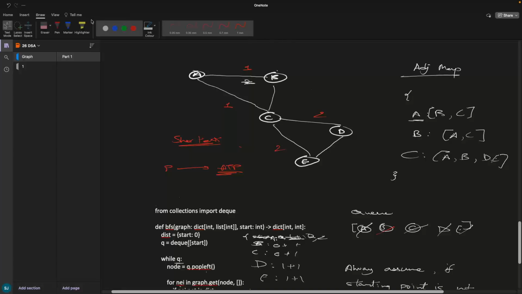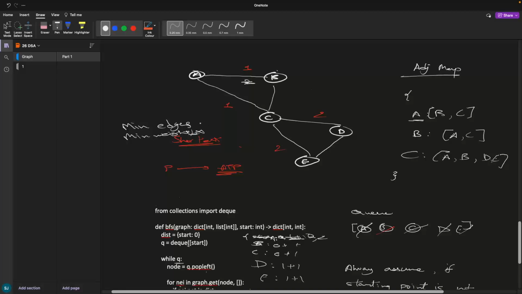In fact, तुम्हें एक्चुअली ये याद रखना है, BFS gives minimum edges, ठीक है, वो मिनिमम वेट नहीं देता है, it doesn't give minimum weight, minimum distance, it gives minimum edges. If that's the mentality that you have, it will be easier for you as well.